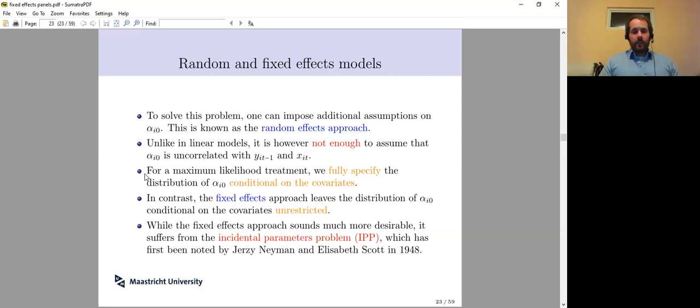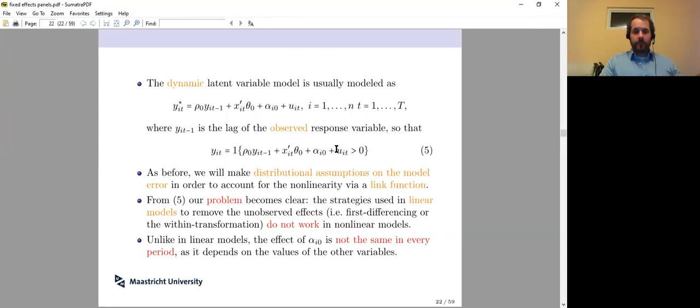Now, in nonlinear models, it will not be enough to only assume that the alpha is uncorrelated with the u. Because if you were to put the alpha in the u, you need to specify the distribution of the unobserved model error in order to deal with the nonlinearity. Just knowing that alpha is uncorrelated with u will not be enough.